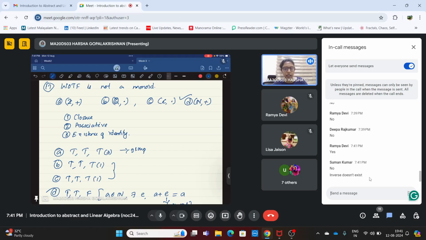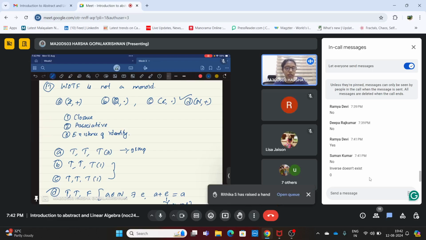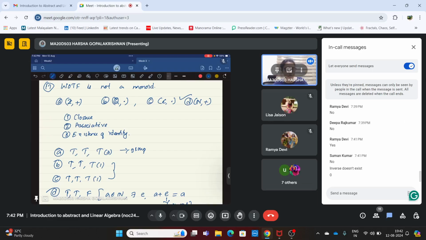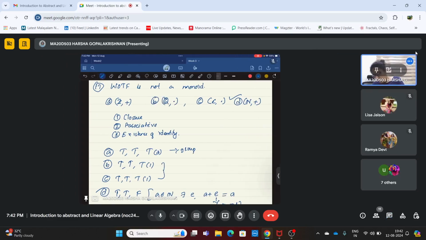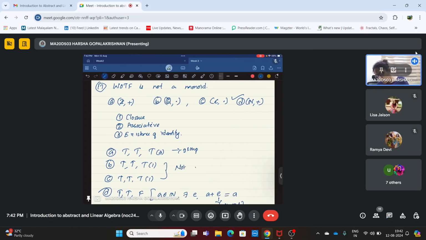If I give 1, it has inverse 1. If I give 2, it has inverse 1 by 2. But if I give you 0, then there is no inverse. Not a group in this case, but it is a monoid. What I am saying is it is not a group, since there is no inverse for 0.